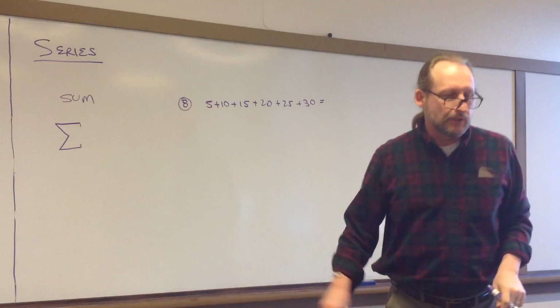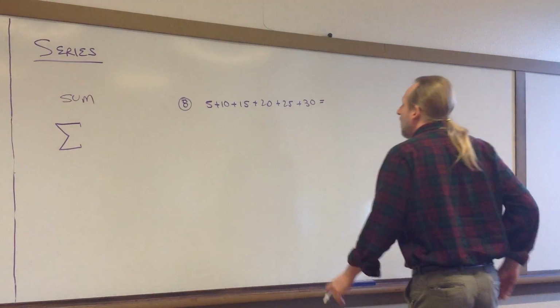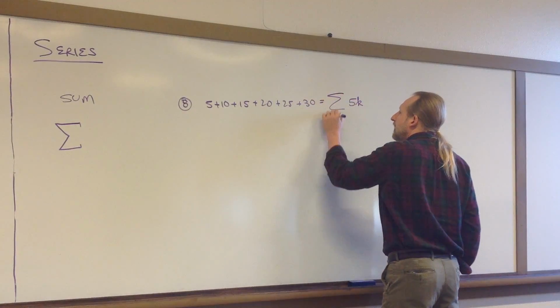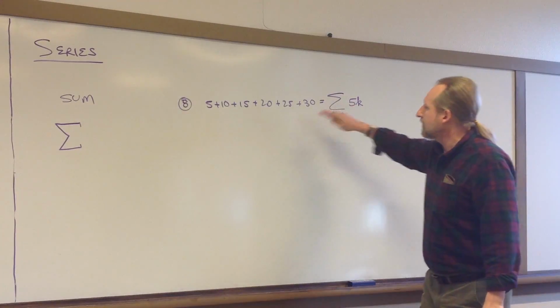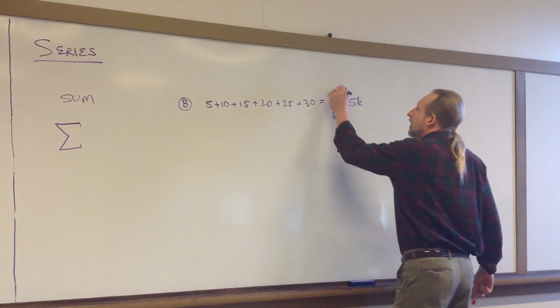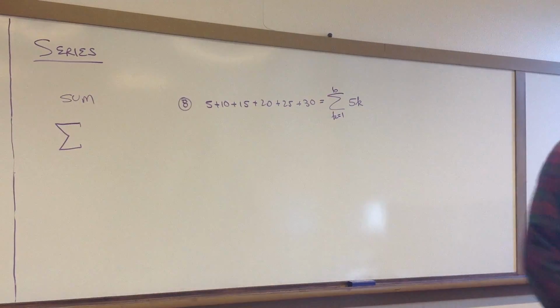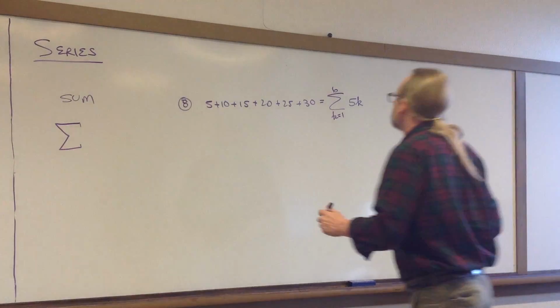Okay, so you can see we've got a common difference of 5. And so if we just say 5k and start k at 1, then that should work. 5, 10, 15, and so on, up to k equals 6. Okay, so there's problem 8. Problem 10.